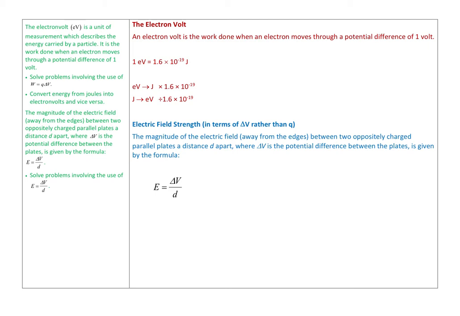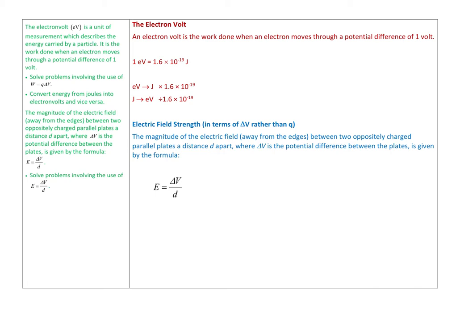So the next thing we need to know about is the electron volt. So we've got our science understandings here from the SACE board. The electron volt is the work done when an electron moves through a potential difference of 1 volt. It's actually a measure of energy.